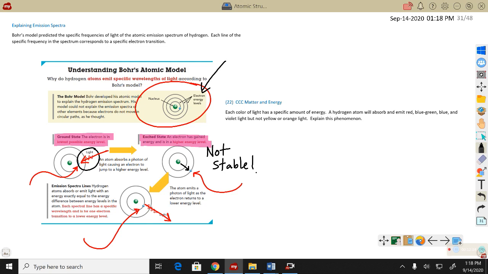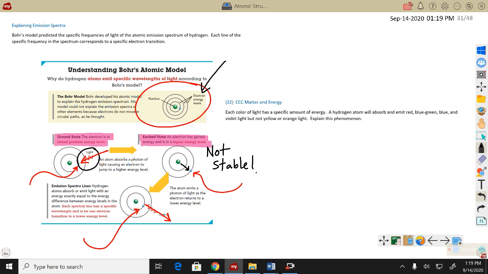And then if it falls back down, that was a pretty low energy transition, so it will release a low energy color. If that one electron jumped from level 1 to level 7 and then falls back down, well, that was a big energy jump. So that electron is going to have to gain a high amount of energy and then release a high amount of energy. That might be when I see a higher energy color, like the purples or blues.